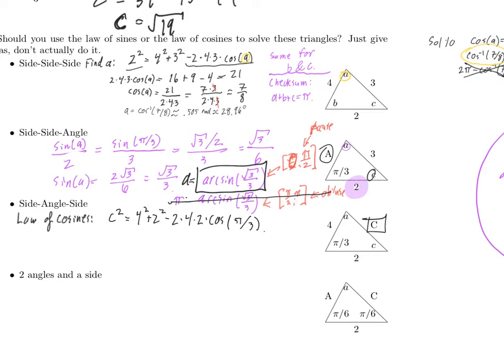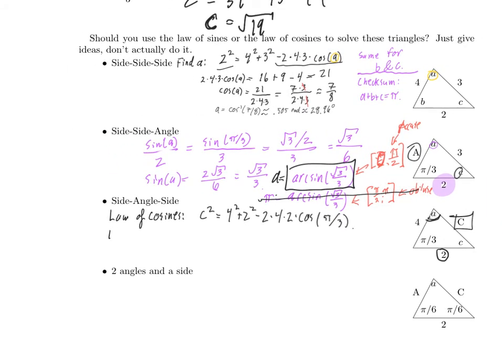Remember, an obtuse angle, if it exists in a triangle, must be opposite the longest side. Let's look at A. The angle A is opposite the side length 2. Is that the longest side length? It's not, because the side length 4 is bigger than the side length 2.